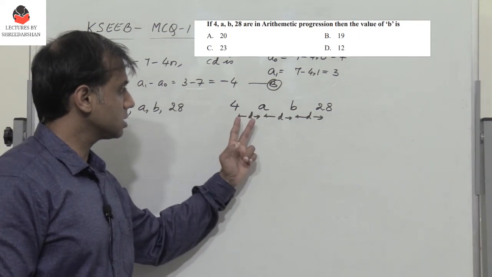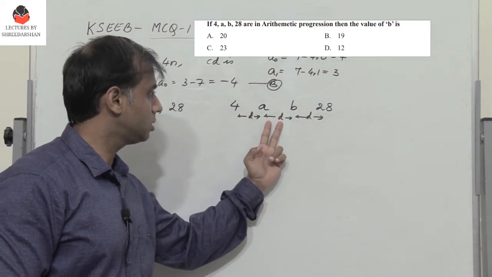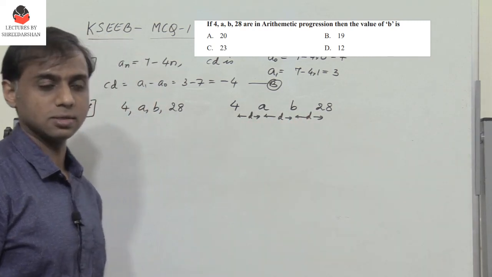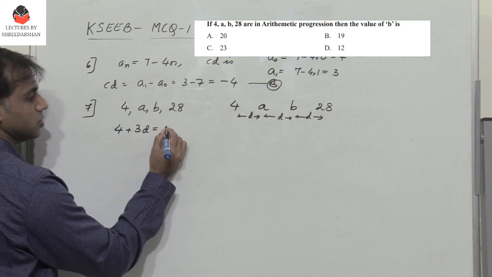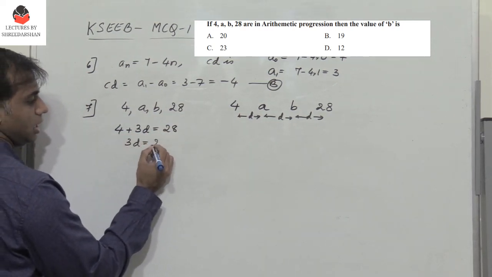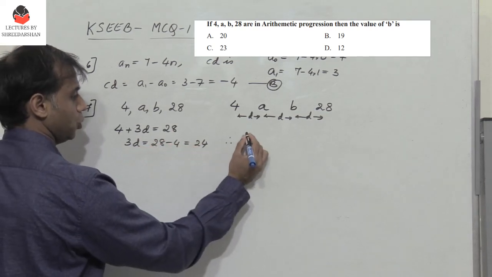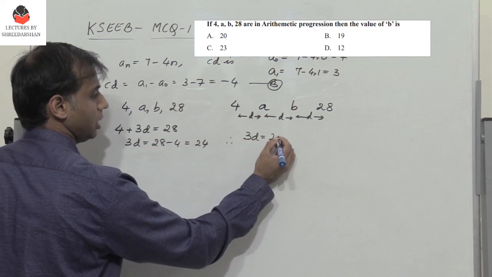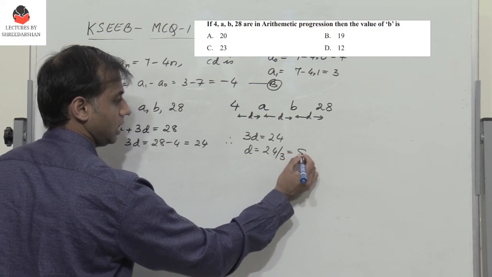So 4 plus d plus d plus d. So when I add 3 times d to 4, I get 28, isn't it? So 4 plus 3d gives me 28. So what is d? 3d is 28 minus 4, which is 24. So therefore 3d equals 24, or d equals 24 by 3, which is 8.